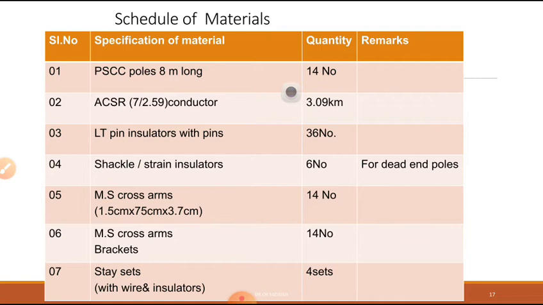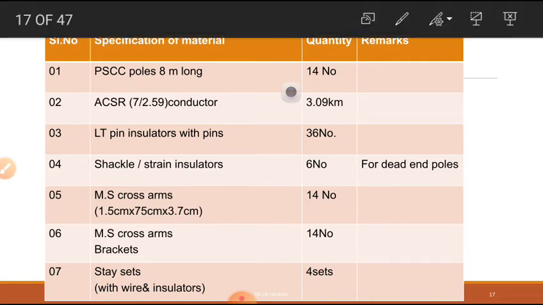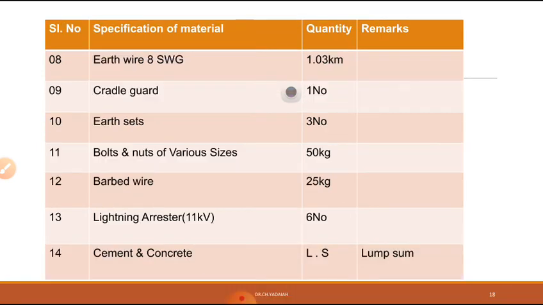Next, ACSR conductors, 3.09 kilometers we got. Then LT pin insulators, shackle strain insulators, MS cross arm brackets, stay sets, earth sets, earth wire, cradle wire, bolts and nuts of various sizes, barbed wire, and lightning arresters. Here we can use the lightning arresters.